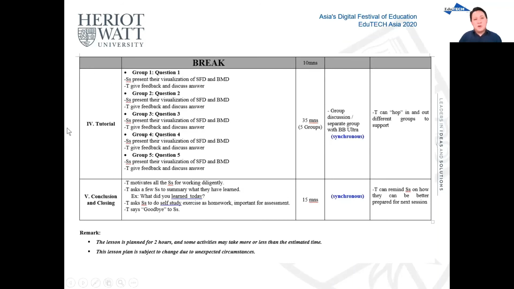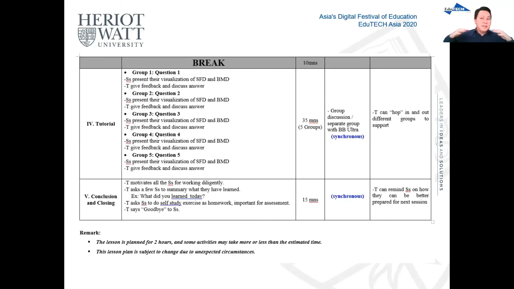Moving to stage 4, we can also conduct online tutorial sessions. In some of the LMS, students can be separated into different groups so that they can discuss among themselves. Learning from peers is a very good strategy.